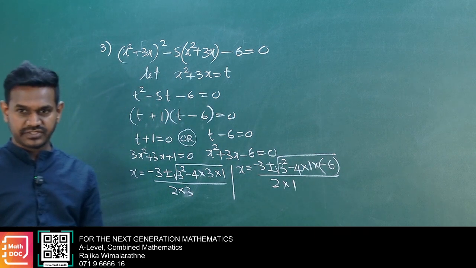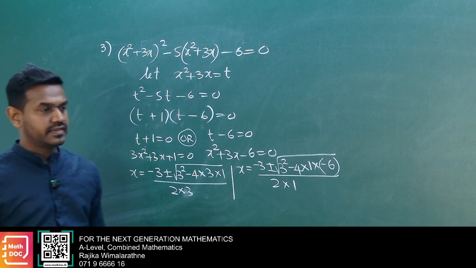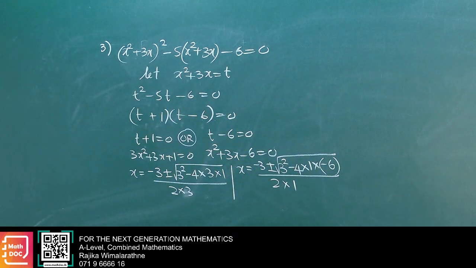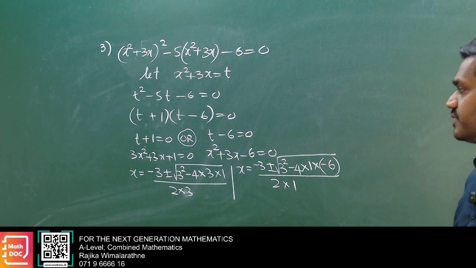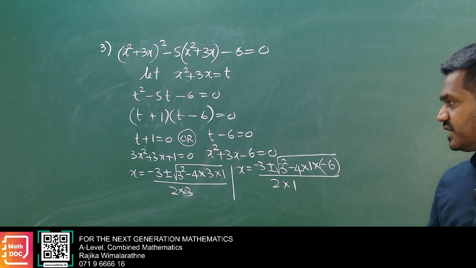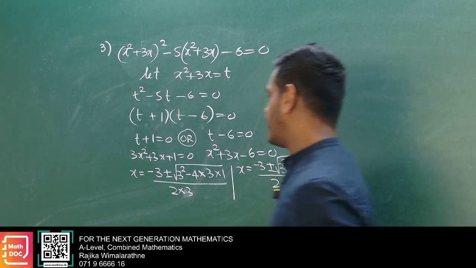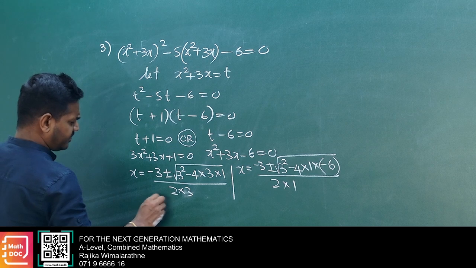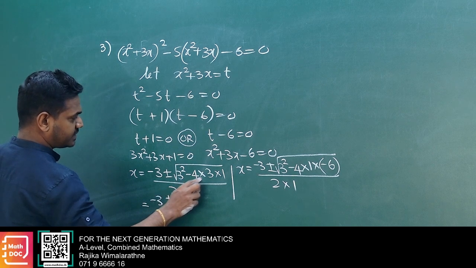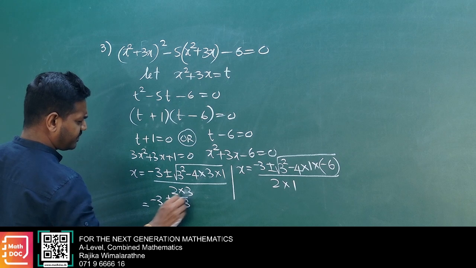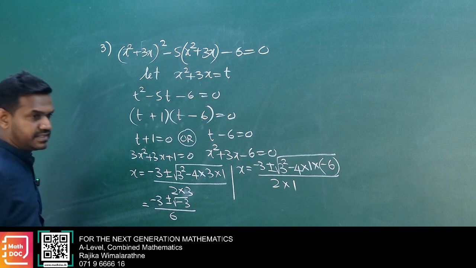Likewise, you can obtain solutions. Do it soon. You can write the final answer. Minus 3 plus or minus root of 9 minus 12 minus 3, divided by 6.